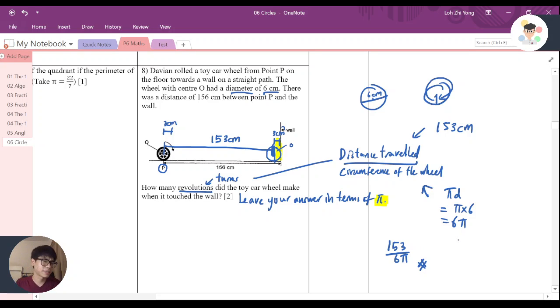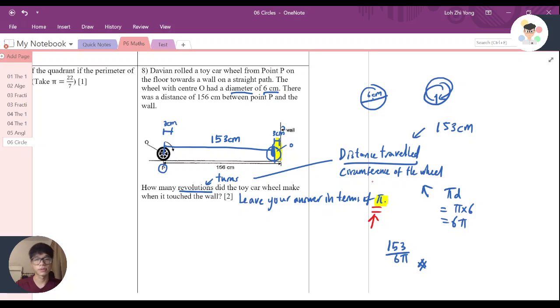And just in case you are thinking, teacher, what if the question is not asking you to leave your answer in pi? Then what should I do? It's very simple. Just pick up your calculator and type 153 divided by 6 and pi. Let me quickly press on the calculator.